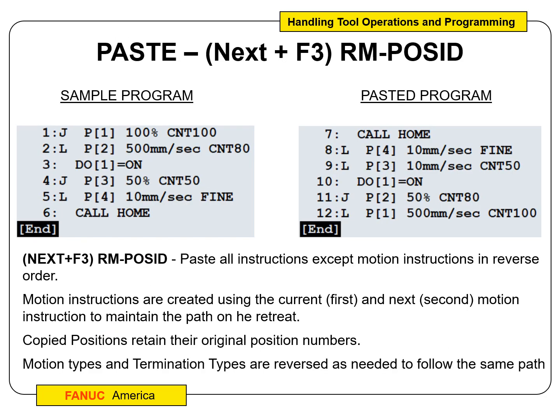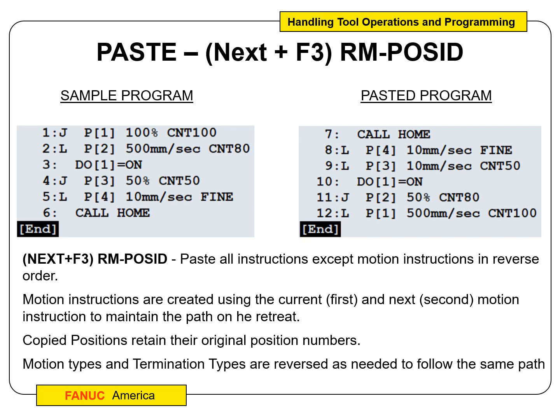So RM or reverse motion pause ID chases all the instructions in reverse order, and the motion instructions will now be jumbled up a little bit. So let's say P2 here was 500 millimeters per second. Well, now that becomes your initial move down here.